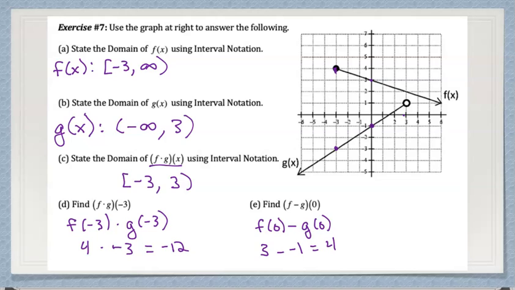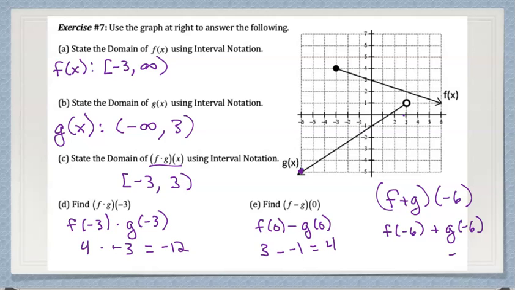And in order to understand why this combining functions is a thing, let's look hypothetically at f plus g of negative 6. Well, if I'm finding f of negative 6 plus g of negative 6, g of negative 6 is down here.